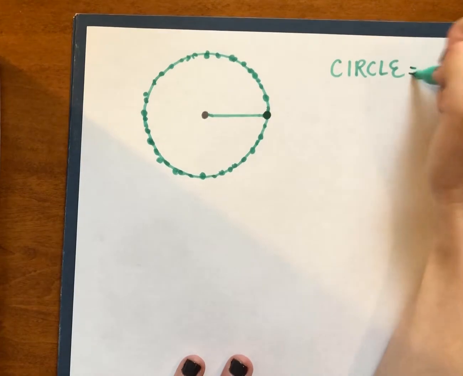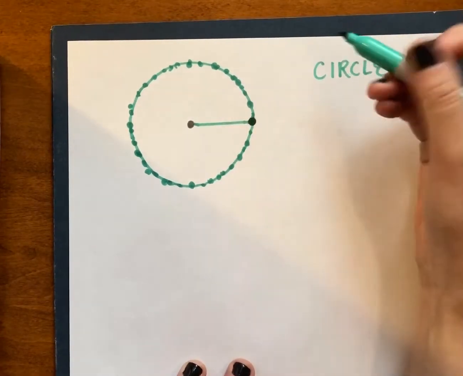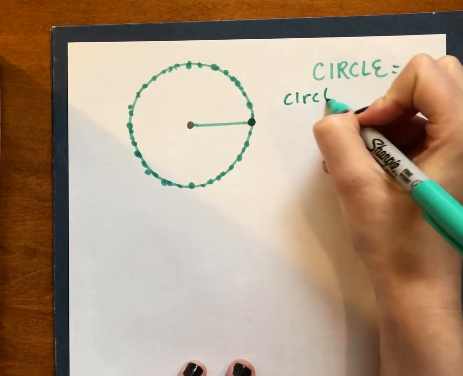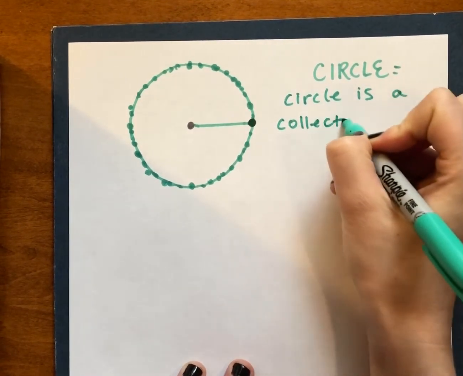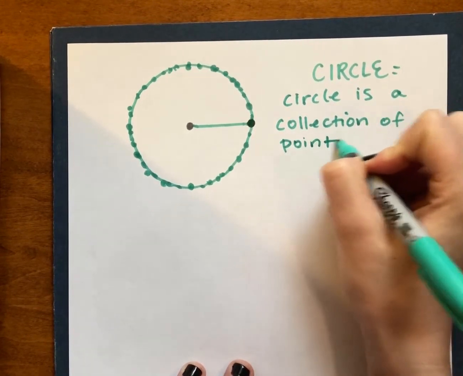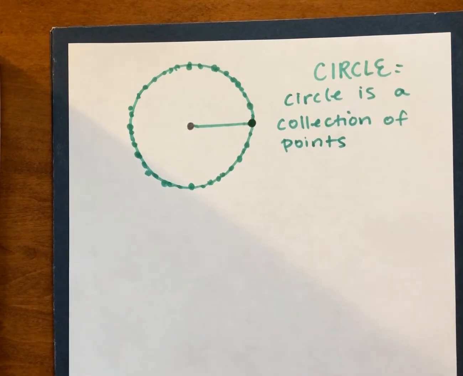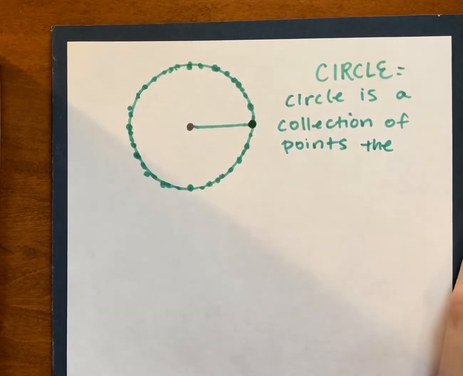A circle is a collection of points. Look at all those green points that I drew. A collection of points that are the same distance from the center.